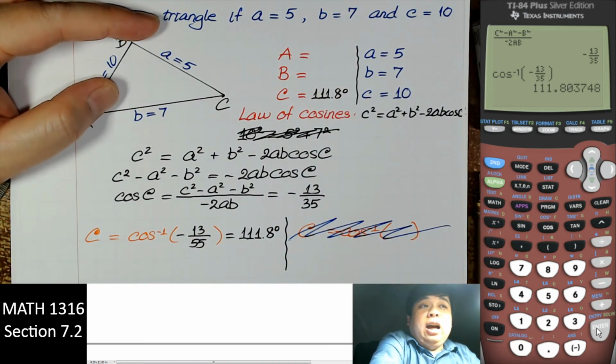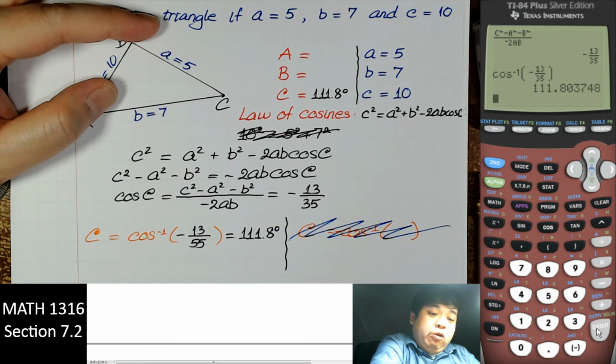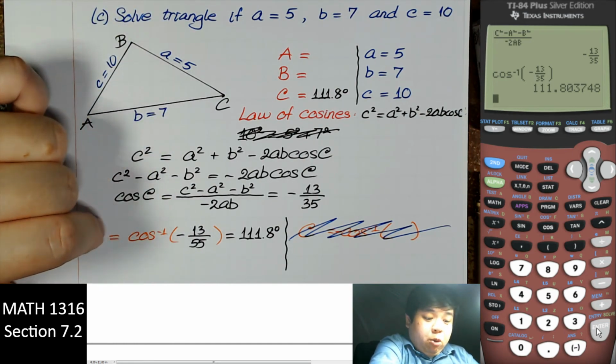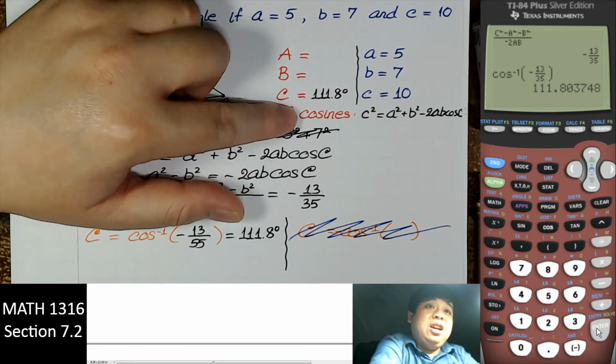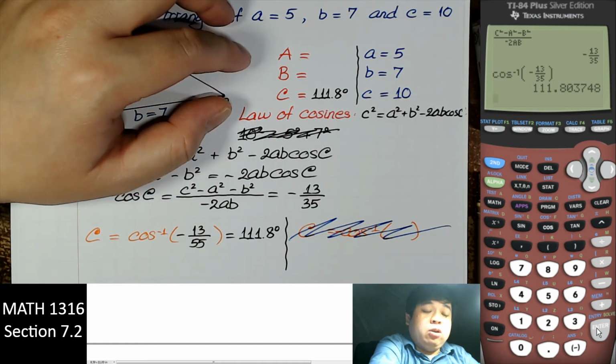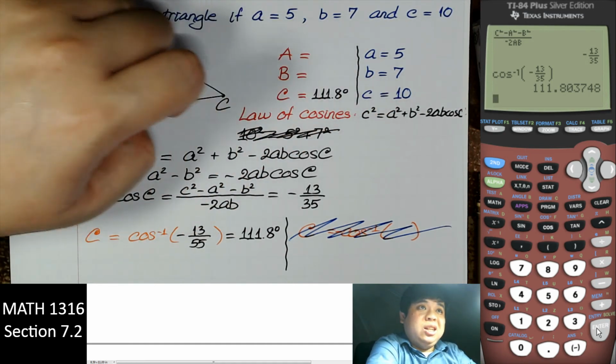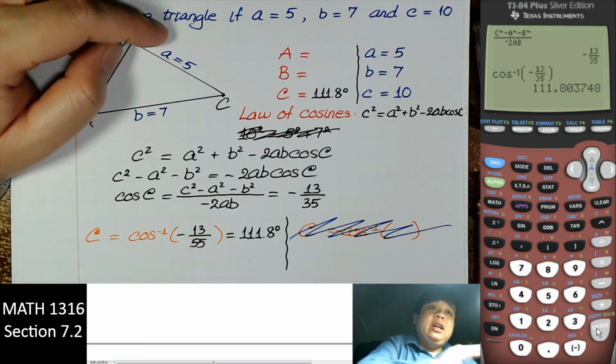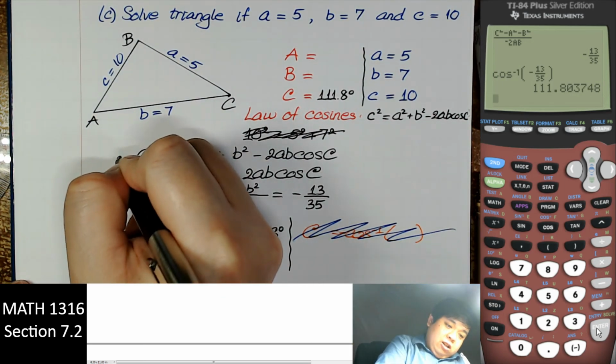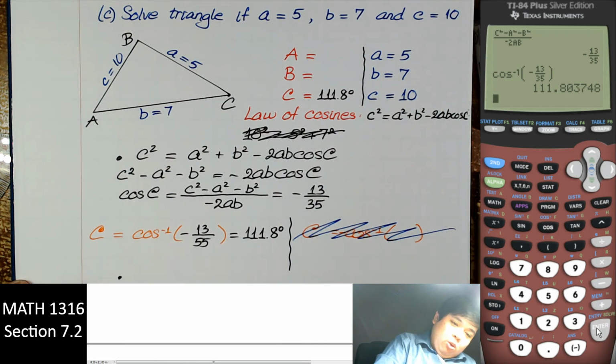Right. Next, we have a lot of choice. First, we can keep going using the law of cosine, and we can find any of the remaining angles. Or we can use the law of sine because we know big C, little c here. Actually, I'm just going to use the law of cosine with a different one. Now, let's solve for b.